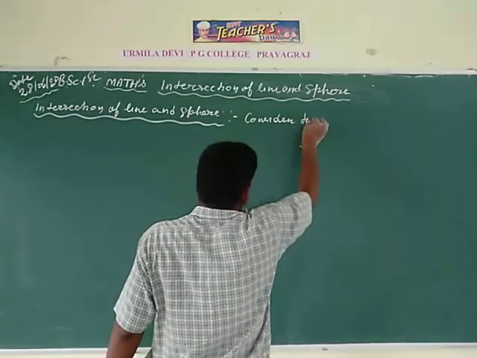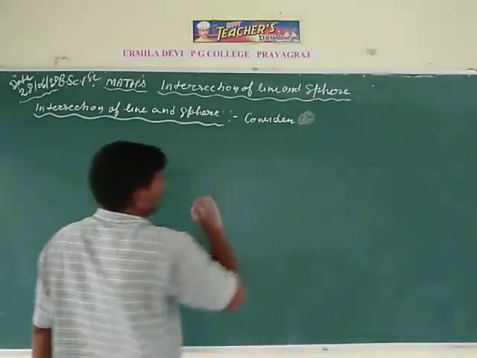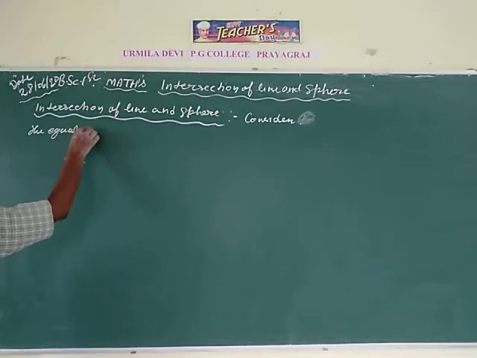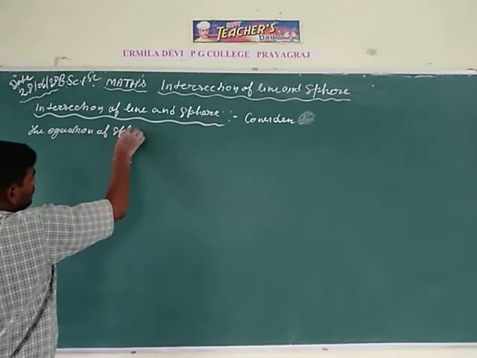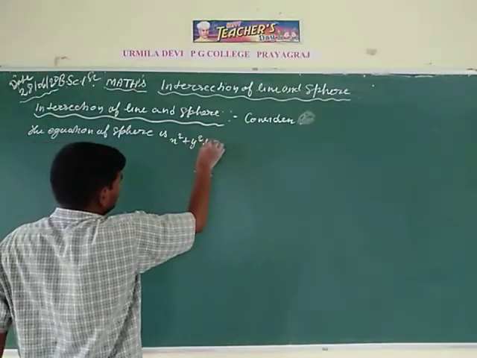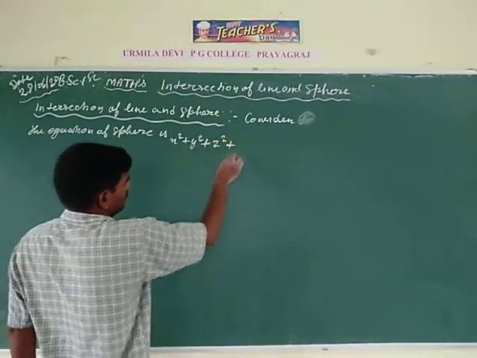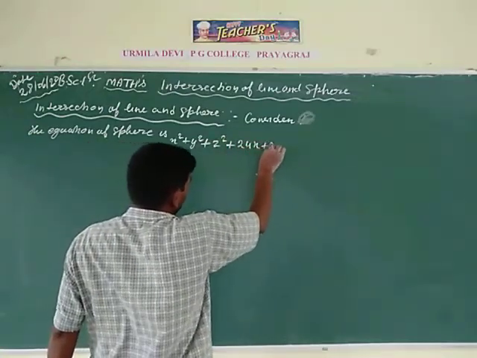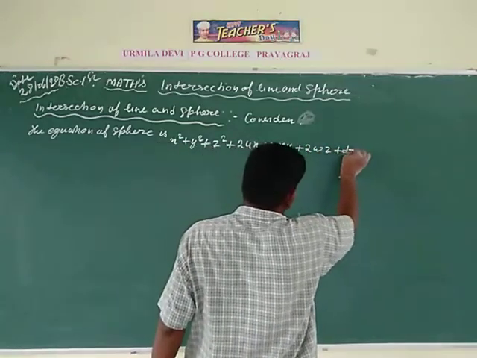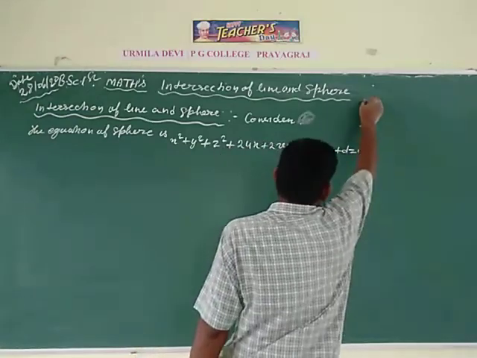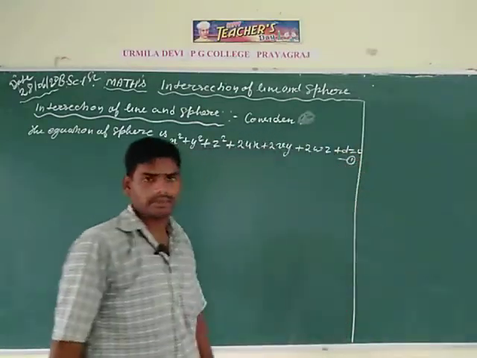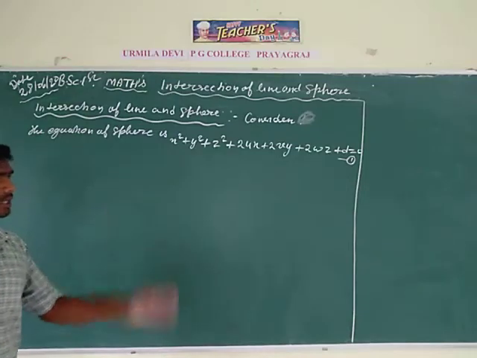Consider the equation of the sphere: x square plus y square plus z square plus 2ux plus 2vy plus 2wz plus d is equal to 0, denoted by the first equation. Means in the first equation, the considered equation of the sphere is written in the general form.